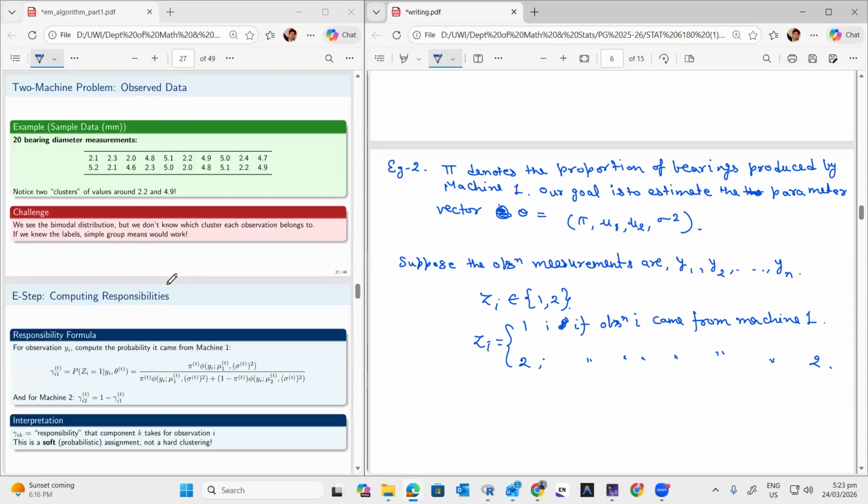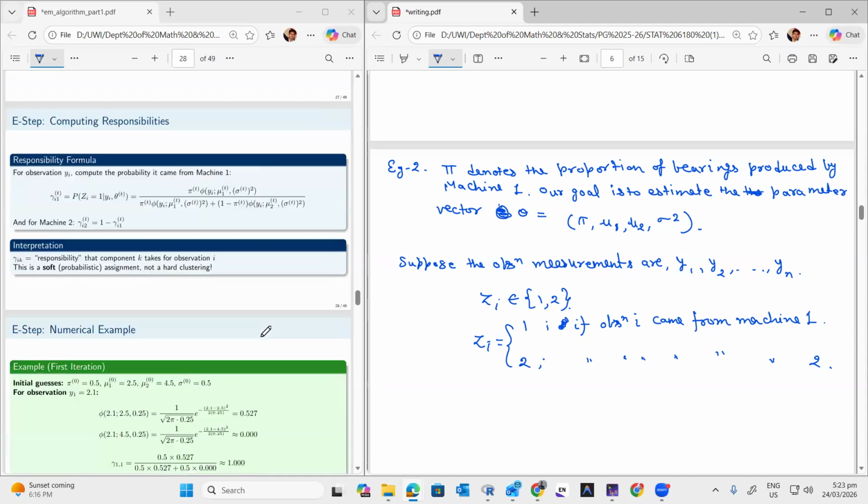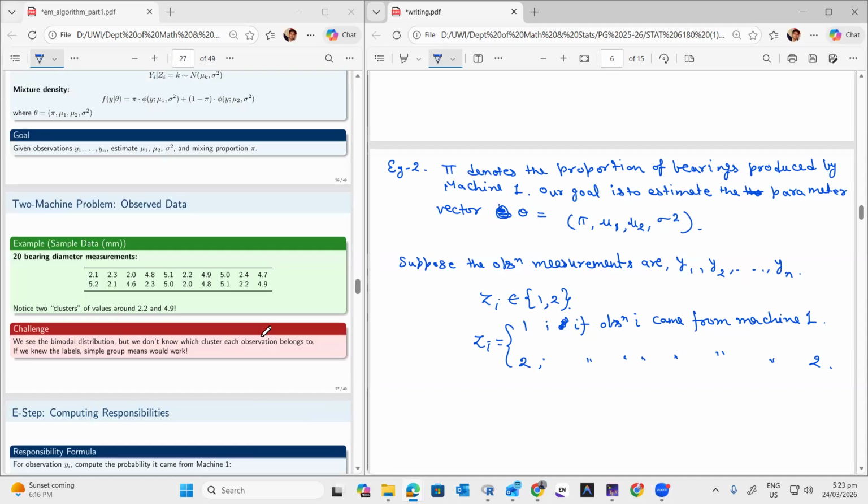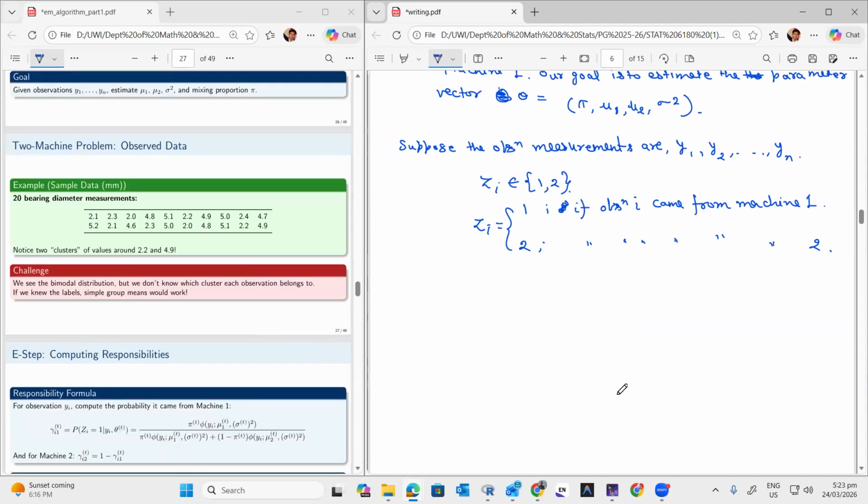All right, so what will be the conditional distribution in this case? We need to compute the conditional distribution.